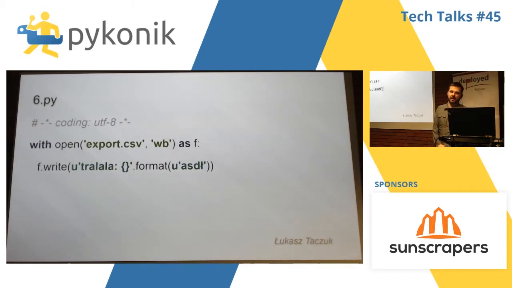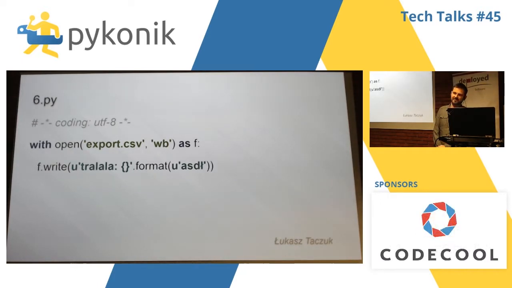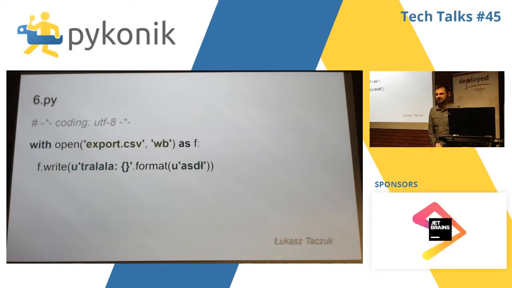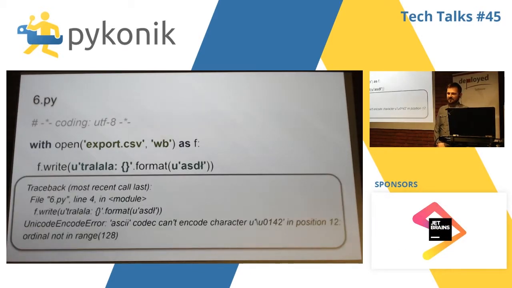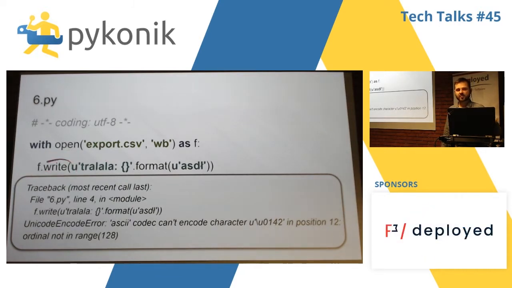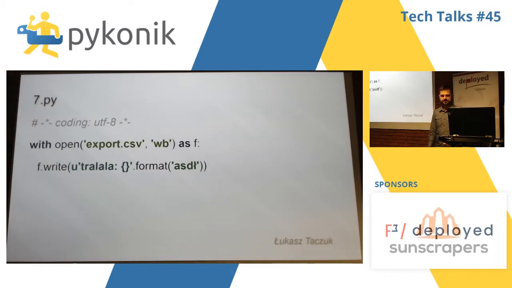When we have two Unicode objects, what will happen? Are you sure that it will be fine? You'll get the encode error because, again, this conversion will be fine, but then we were writing to a binary file, so we just need to have a regular Python string. Again, two different types.